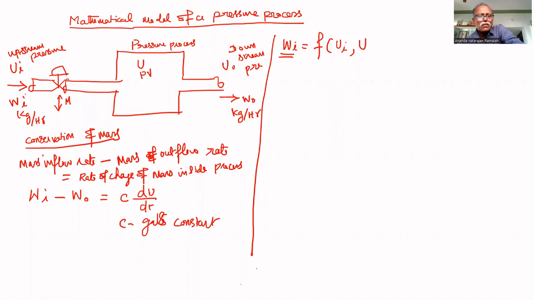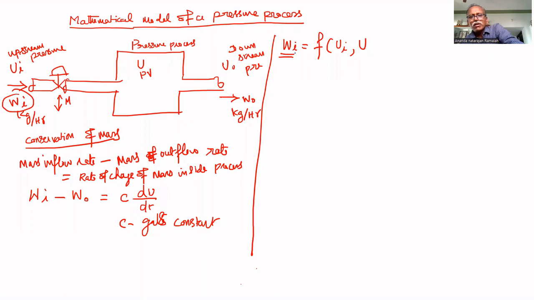As far as inflow rate is concerned, U is the downstream pressure. As far as outflow rate is concerned, U is the upstream pressure, U0 is the downstream pressure. If you consider the overall process, Ui is the upstream pressure, U0 is the downstream pressure. If you consider inflow rate alone, then Ui is upstream pressure, U is the downstream pressure.